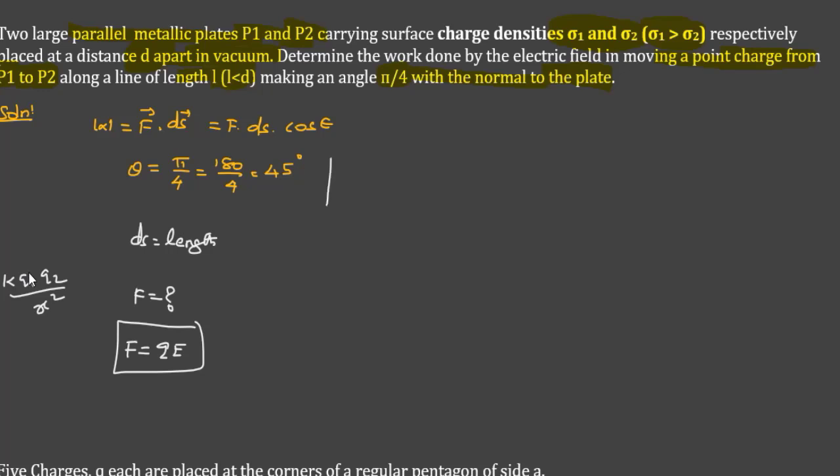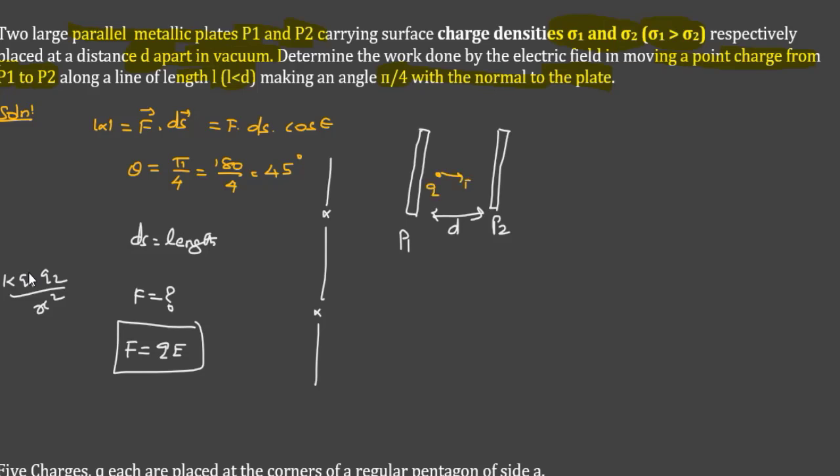So now we will do that. This is plate 1 based on the concept, and this is another plate. They kept at distance D. In between, a point charge is there.